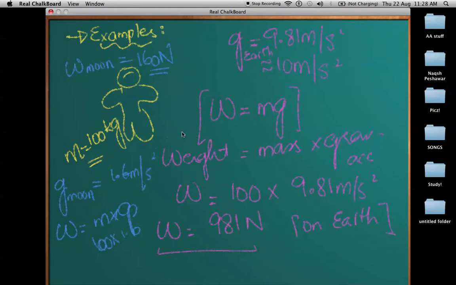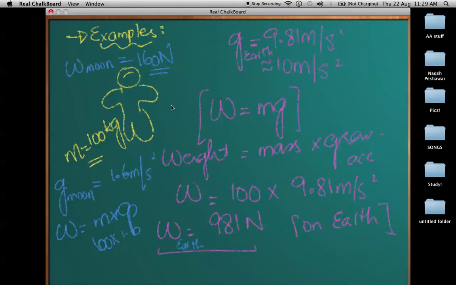If he was to stand on a weighing balance calibrated in newtons, this is what it would show on the moon, 160 newtons, and on Earth it would show 981 newtons. This doesn't mean that your weighing balance is faulty, it only means that the gravitational acceleration is changing.